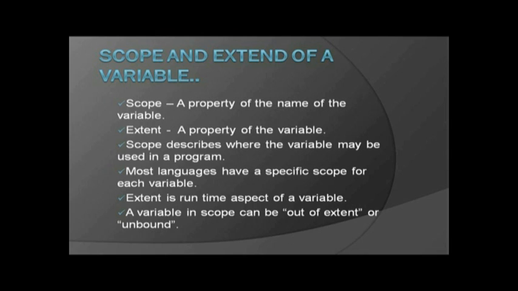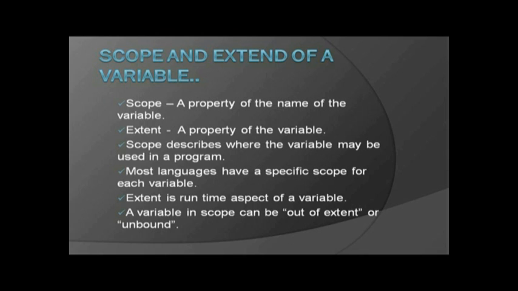A running program may enter a given extent many times, as in the case of a closure. In portions of code, a variable in scope may never have been given a value, or its value may have been destroyed.